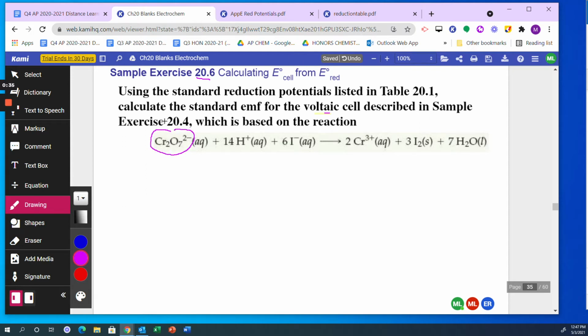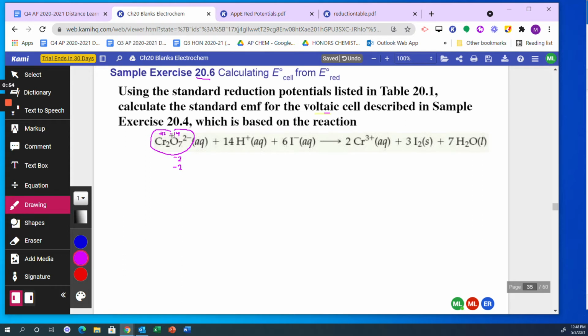I'm going to look at the charge so I know which one's being oxidized, which one's being reduced. So oxygen here has -2 each, and there's 7 of them, so a total of -14 here. And so this has to be a total of +12.